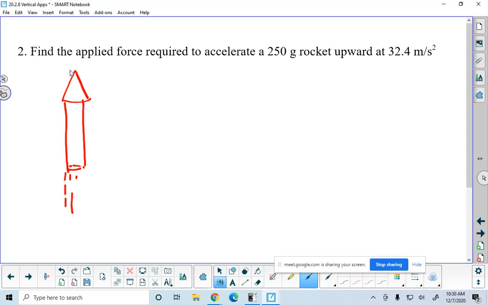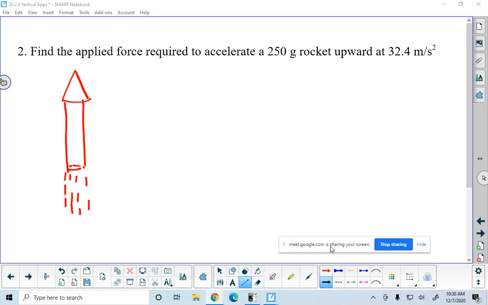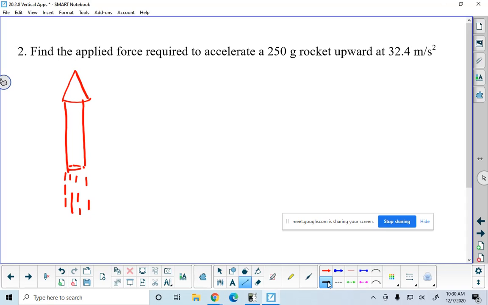It's firing out all this fuel, and as a result, the rocket goes upwards. Now, if the rocket accelerates upward, then what that means is that the upward applied force on the rocket must be larger than the gravitational force on the rocket. I'm going to get rid of this fuel. It's just getting in the way of my explanation.